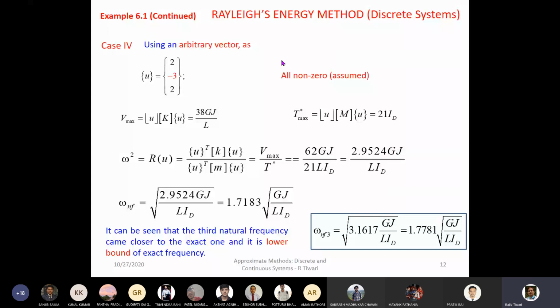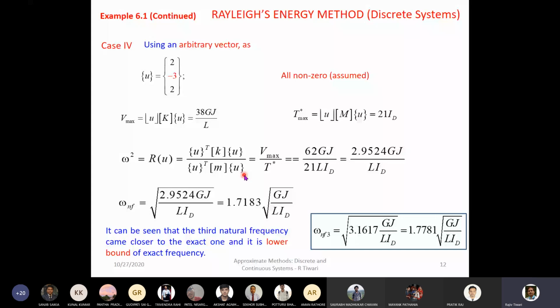In the previous case, in the Rayleigh's quotient case, without the energy form, we were only multiplying k into u and m into u, and getting the bounds, using the enclosure theorem. We were enclosing the natural frequency of the system.